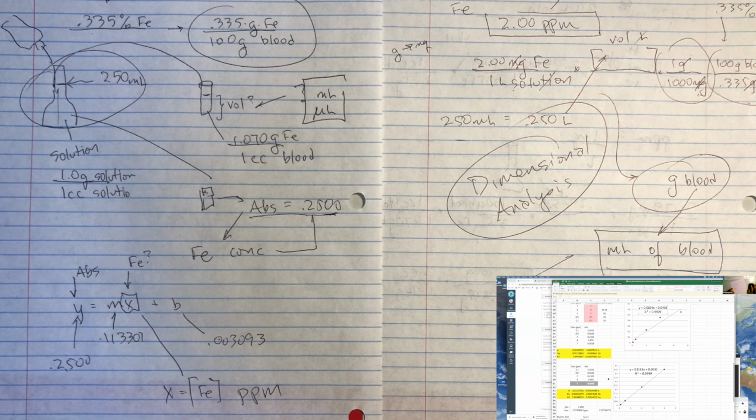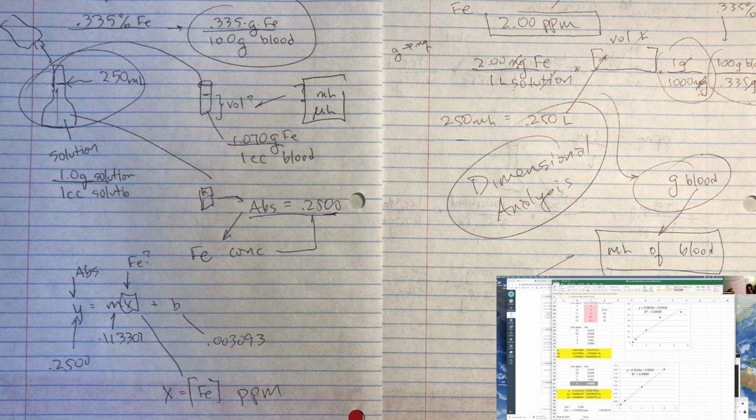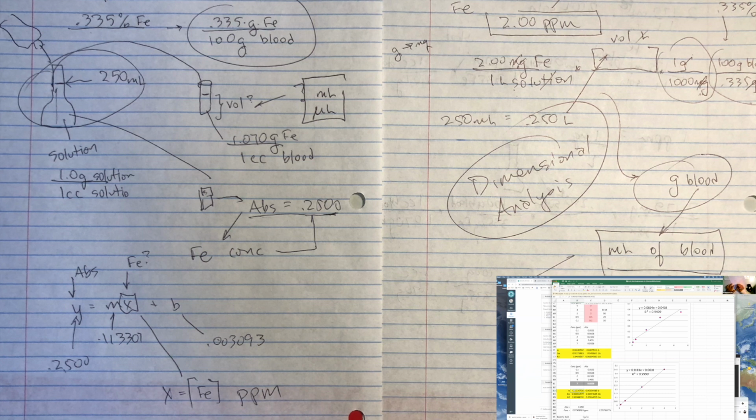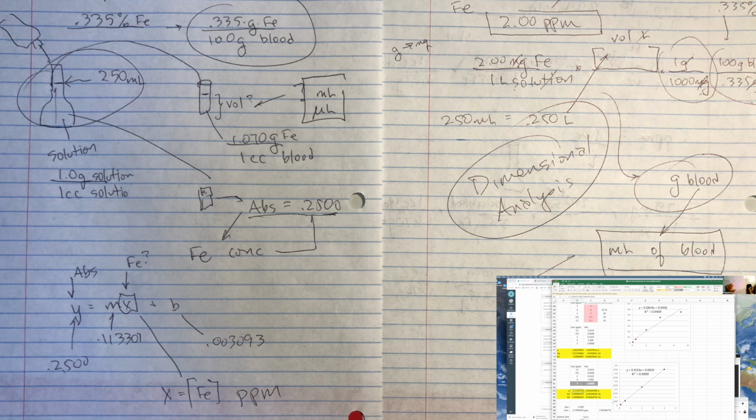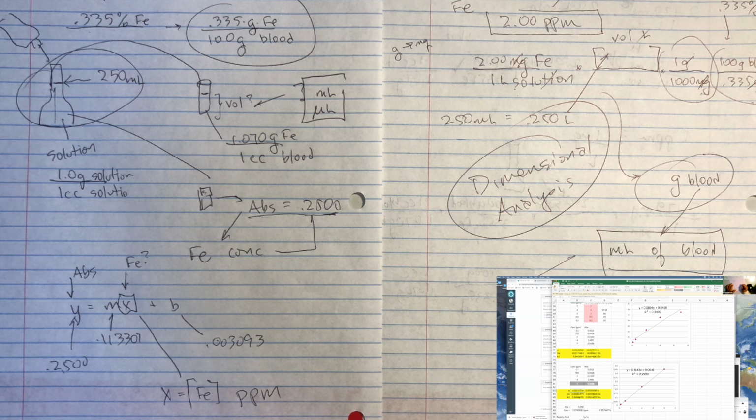But you already have the equation of the line. The equation of the line is right here. This is your intercept right here, 0.0309, and this is your slope. So what you want to do is say y equals mx plus b, where your slope is 0.113307 and your intercept is 0.003093, not using all the digits that I have.